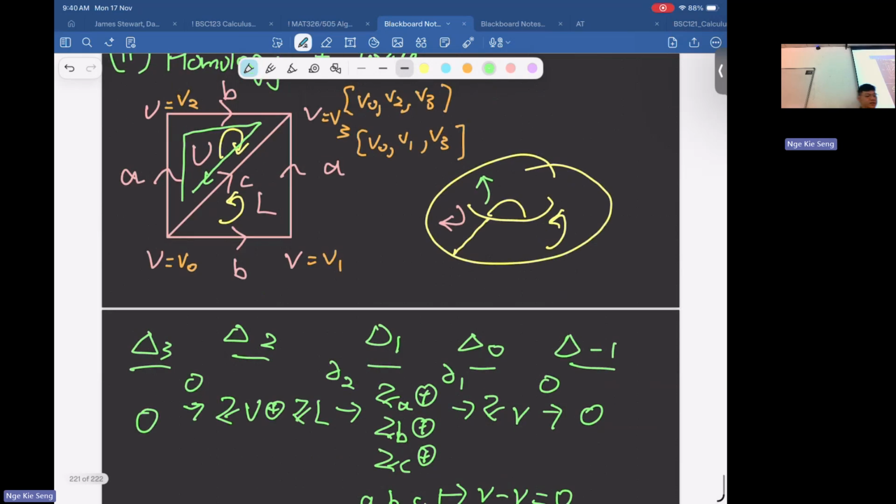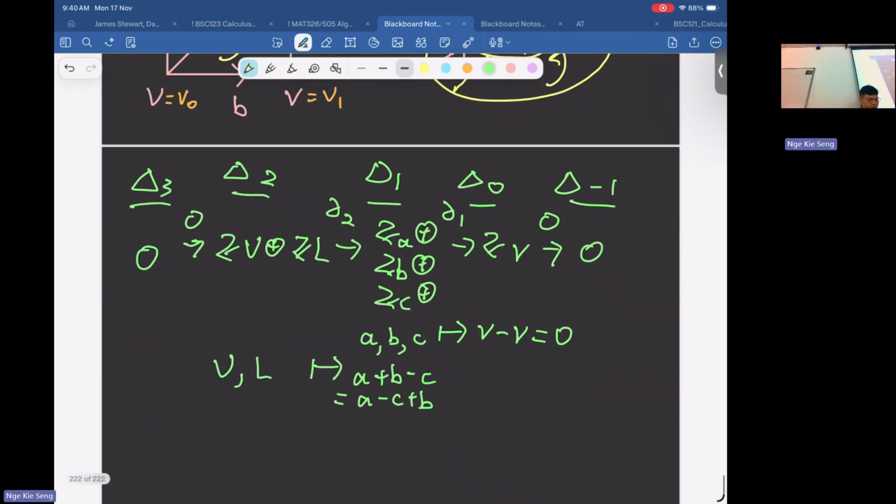So basically this orientation fixes our differential here. To make sense of this, you need to check whether these two compose to 0 or not. These two actually compose to 0. Why? Because A, B, C itself will get sent to 0. So 0 plus 0 minus 0 is 0. So actually it's a differential map.